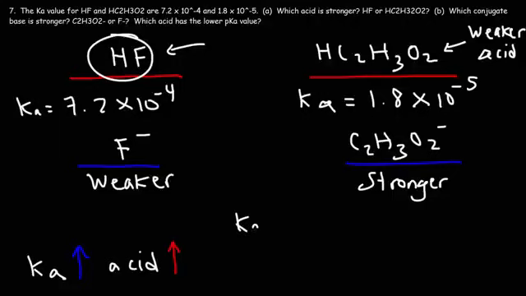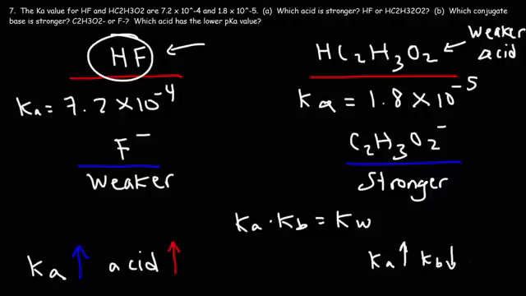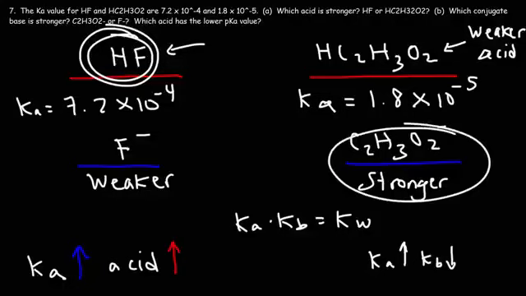And here's why. Ka times Kb is equal to a constant, Kw. Kw doesn't change if the temperature stays constant. Therefore, if you increase Ka, Kb is going to decrease. Just as Ka reflects the acid strength, Kb reflects the base strength. This one has a higher Ka value, so this is going to have a lower Kb value.